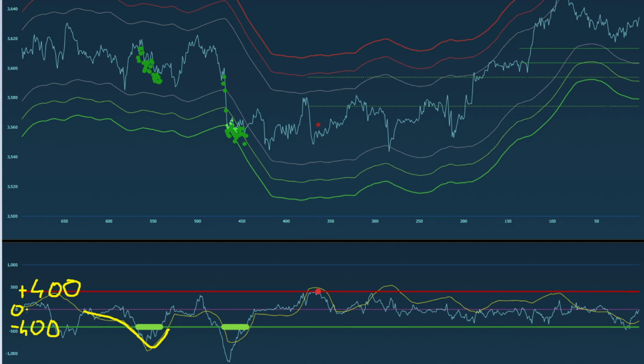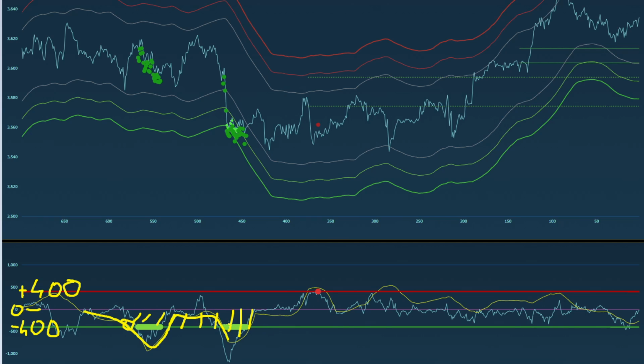So when Momo 2, the yellow line, gets below or really close to minus 400, and does it a couple of times, like first time over here, and then stays in this area here, this is basically the downtrend, right?